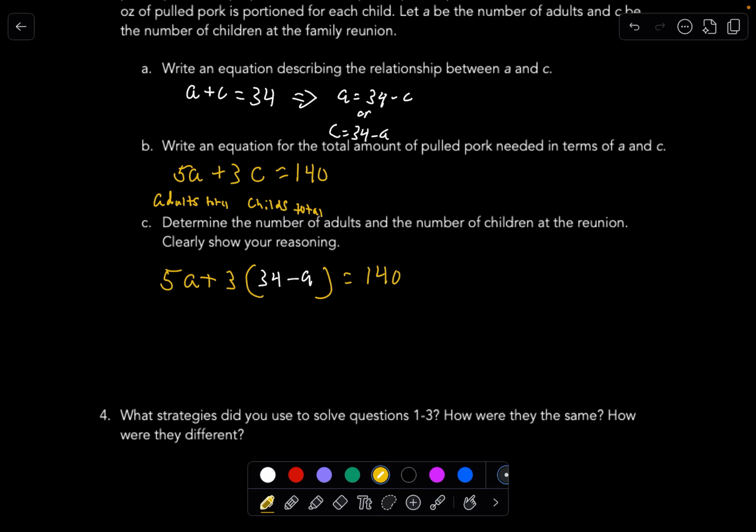Okay? So we get 5A plus 3 times 34 minus A. I'm distributing, right? So 3 times 30 is 90, 3 times 4 is 12. It's 102, so 5A plus 102 minus 3A equals 140. 5A minus 3A is 2A plus 102, and that equals 140.